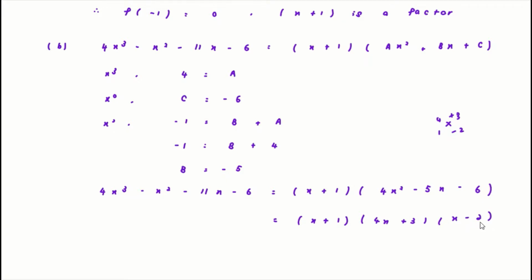After we get this, now we can proceed with partial fractions. This is only the first step.